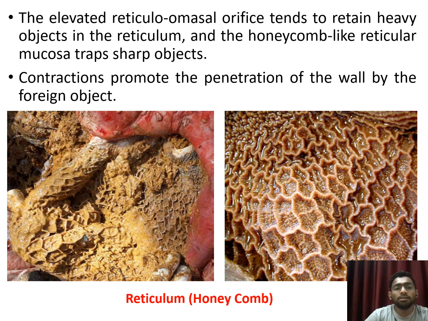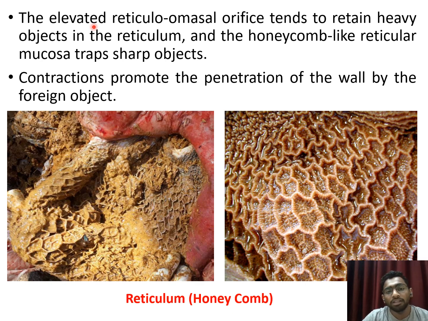Now the elevated reticulo-omasal orifice tends to retain heavy objects in the reticulum, and the honeycomb-like reticular mucosa traps the sharp objects. In the earlier slides we studied what the reticulo-omasal orifice is. That is a vent or hole that separates the reticulum and the omasum. That hole or vent will be elevated and closed.